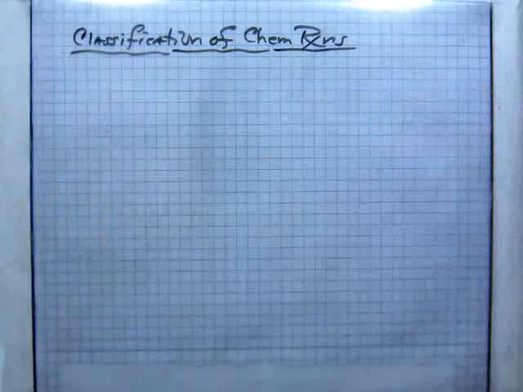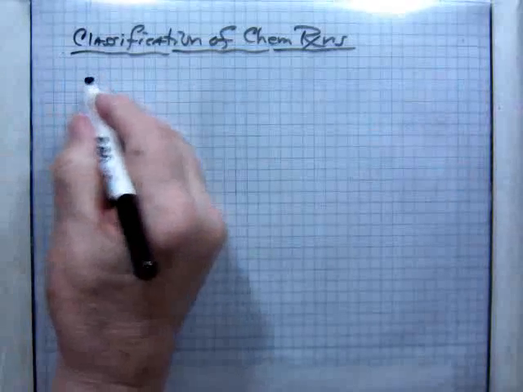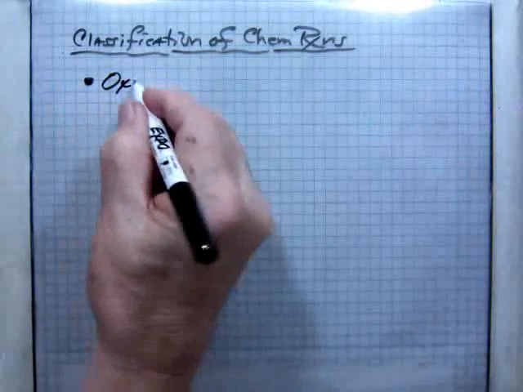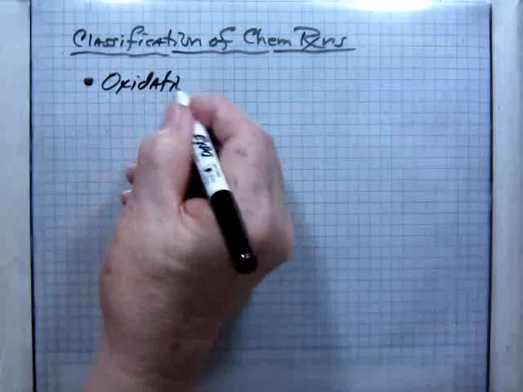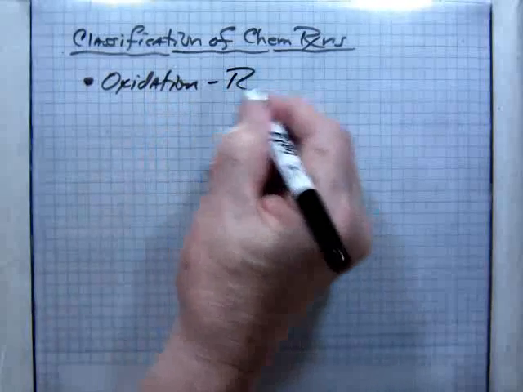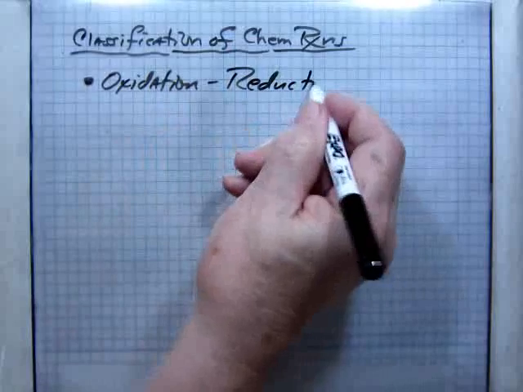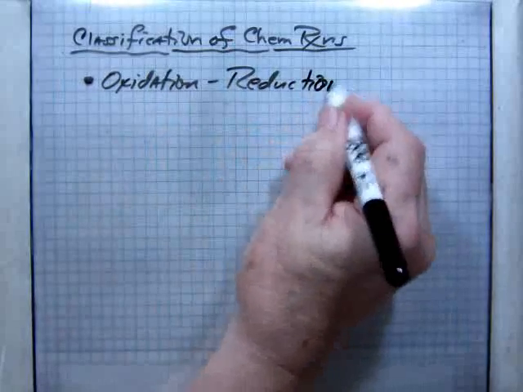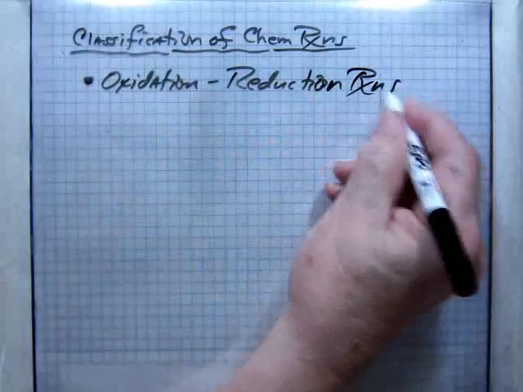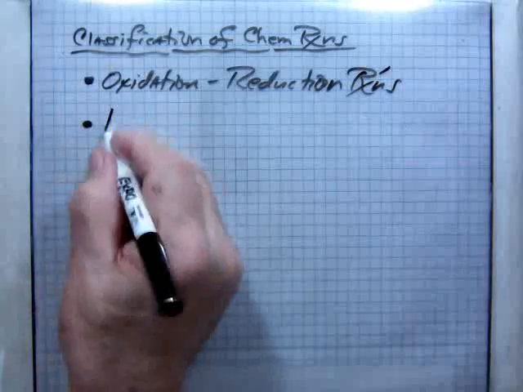In the simplest form, chemical reactions are classified in 2 forms: oxidation reduction and metathesis.